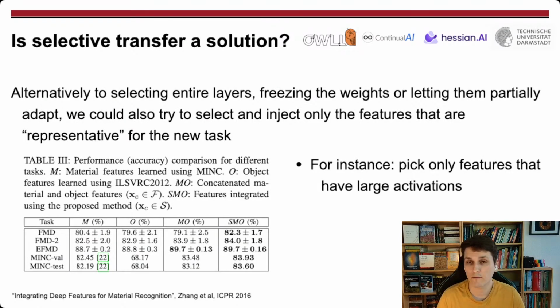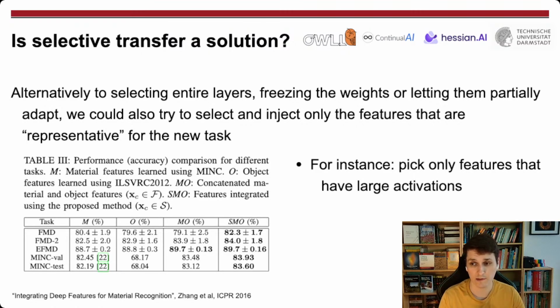Now, you could maybe think of doing this in a slightly more motivated version, where you don't only do what we've just talked about before. You don't actually take entire layers or entire sets of representations to transfer. But maybe you can pick a pre-trained model and a target task, and try to selectively extract only the parts that are really relevant to the new task.